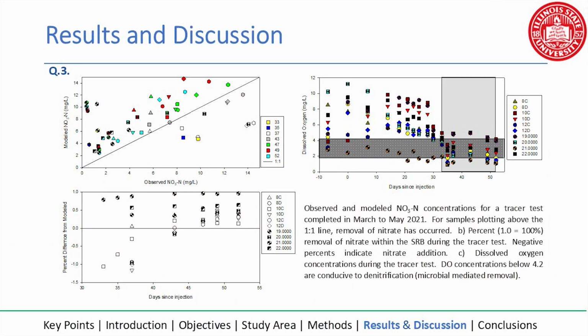And during these periods where what is observed is greater than our modeled concentrations, these are periods where we actually have more nitrate than what should be in our system. These periods coincide with being early in the tracer test.